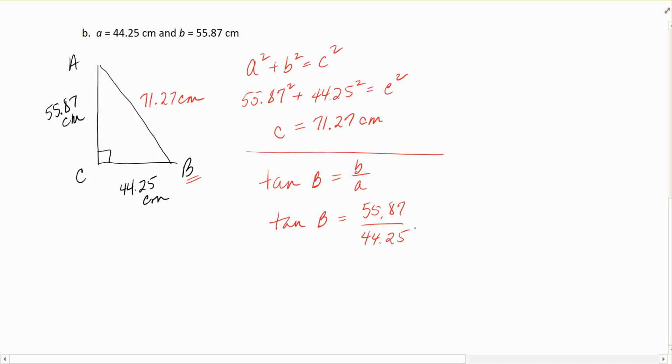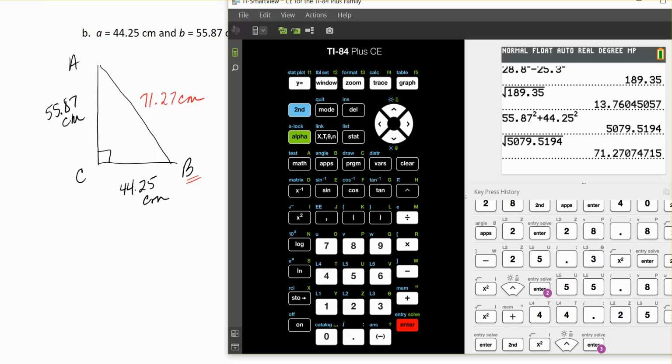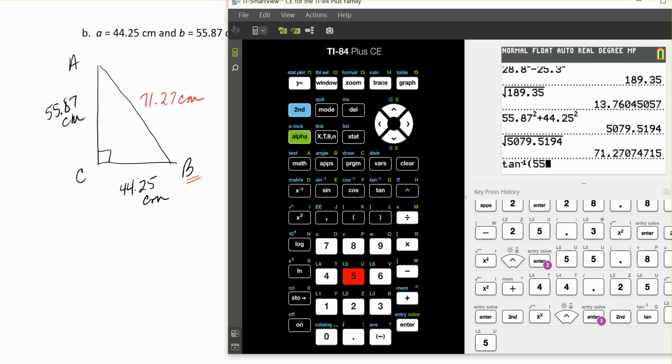So this is where, when we're on our calculator, we are going to use the inverse function. So I'm going to take the inverse of tangent, based on the fraction here of 55.87 divided by 44.25. So it's inverse tangent of 55.87 divided by 44.25.